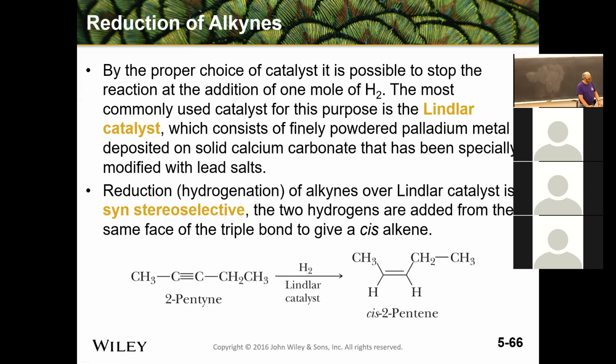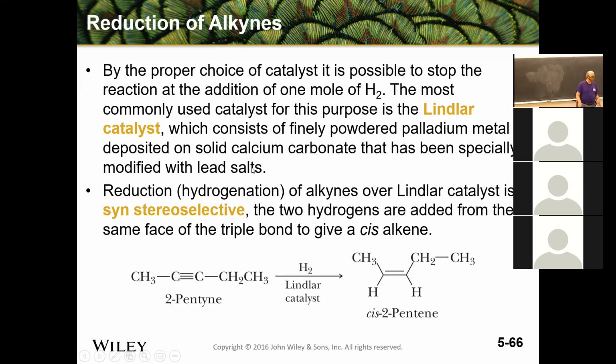If we want an alkene, what we can do is make the catalyst less efficient. So we start out with palladium metal, finely powdered, added to solid calcium carbonate, limestone, chalk, that has been specially modified with lead salts.